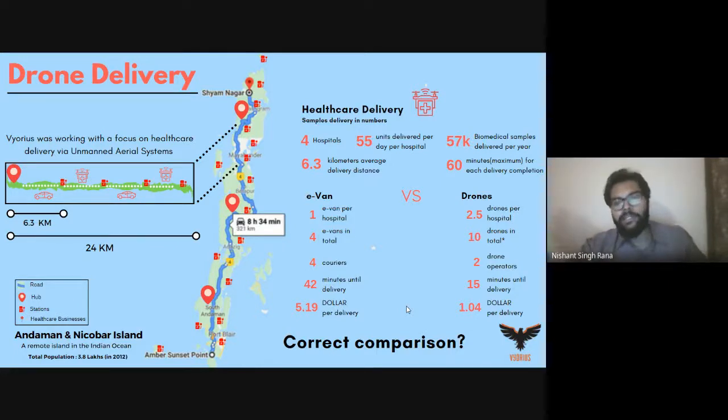And if I tell you the real value, with the tech that we're working on, one person will be able to control, let's say, 6 drones. Doing the maths again, just to do these deliveries, you will require 0.4 operator. I know 0.4 operator doesn't sound correct, but essentially this is what you will need.